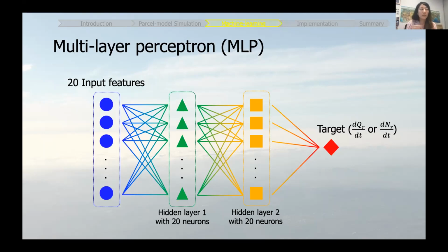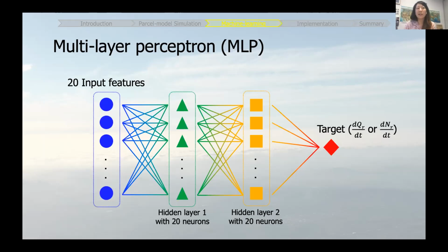So it goes through this training again and again and again until the target value that it calculates is very close to the answer that we have, which is DQRT.